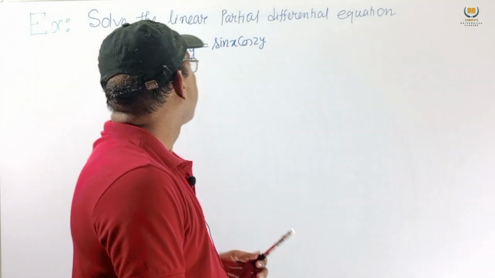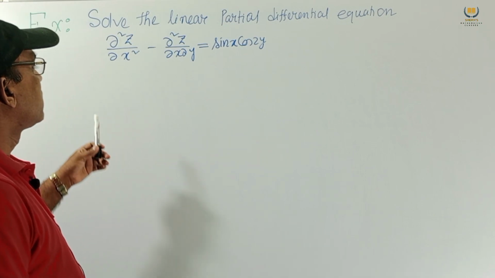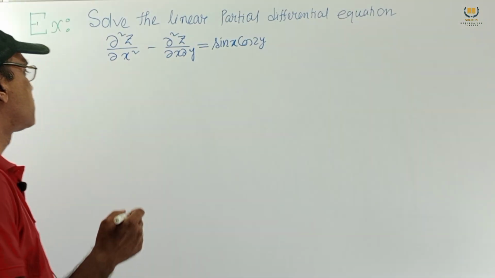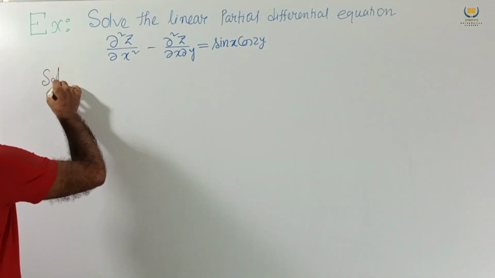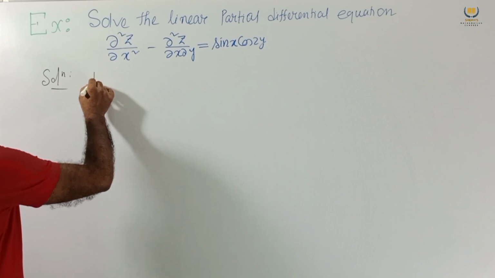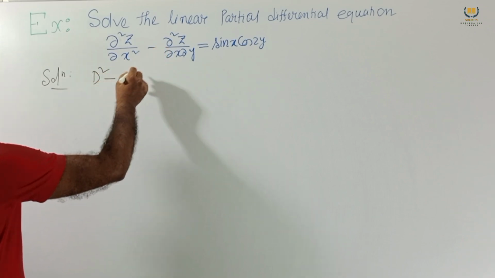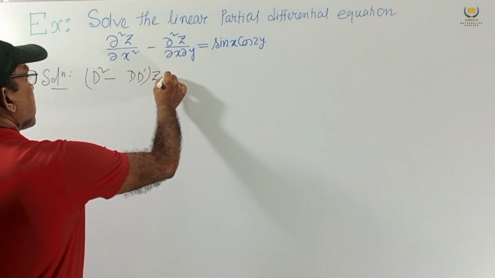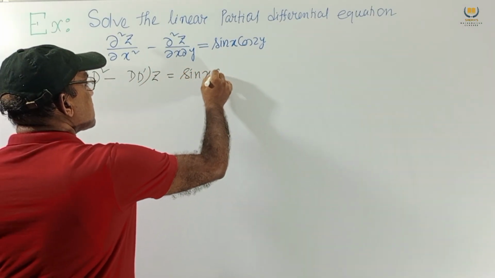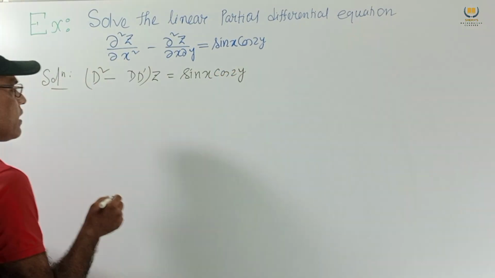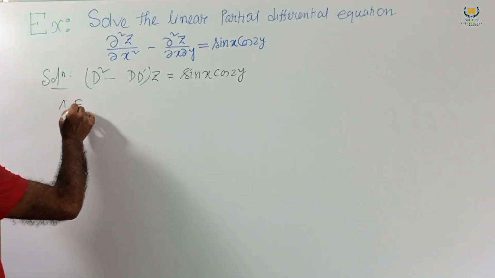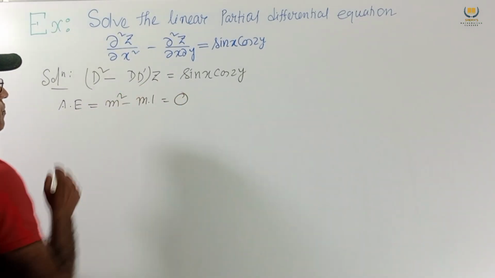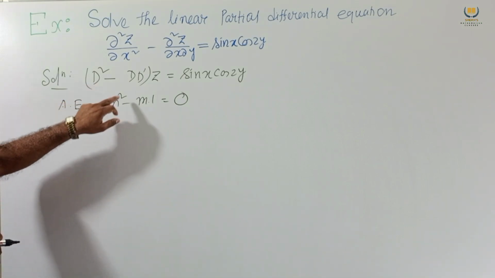Now we consider another problem. Solve the linear partial differential equation ∂²z/∂x² - ∂²z/∂x∂y = sin x cos 2y. Solution: we write (D² - DD')z = sin x cos 2y. Auxiliary equation: m² - m·1 = 0, putting D equal to m and D' equal to 1.